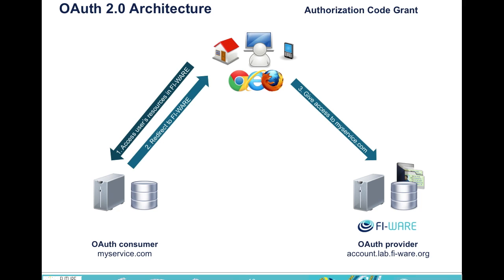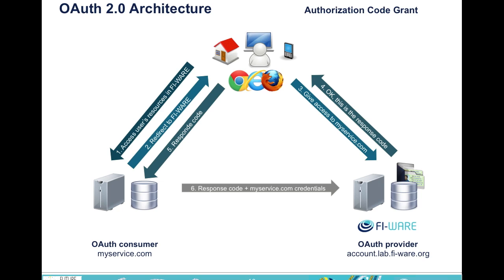There, the user authenticates and tells the provider to allow the consumer to access his resources. The provider sends a response code to the user's browser if he authenticates and redirects his browser back to the OAuth consumer, which retrieves this response code.